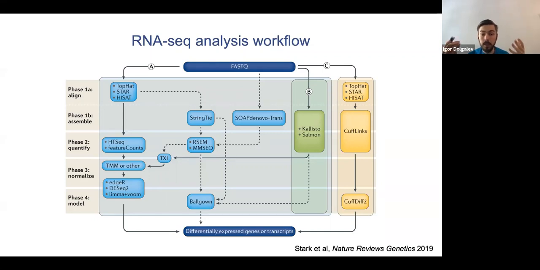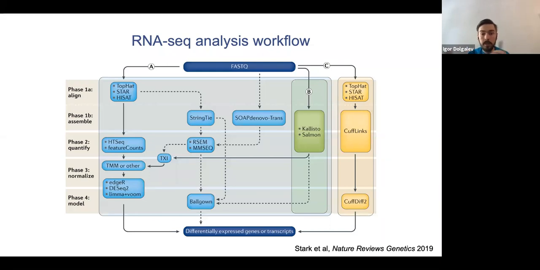Once you have your counts, you have a certain number of counts for each gene. But every sample is sequenced differently and has its own properties. So the next phase would be to normalize them to make the different samples more comparable to each other. For example, if you sequence one sample with 1 million reads and one sample with 10 million reads, of course you're going to have 10 times more reads for the second sample.